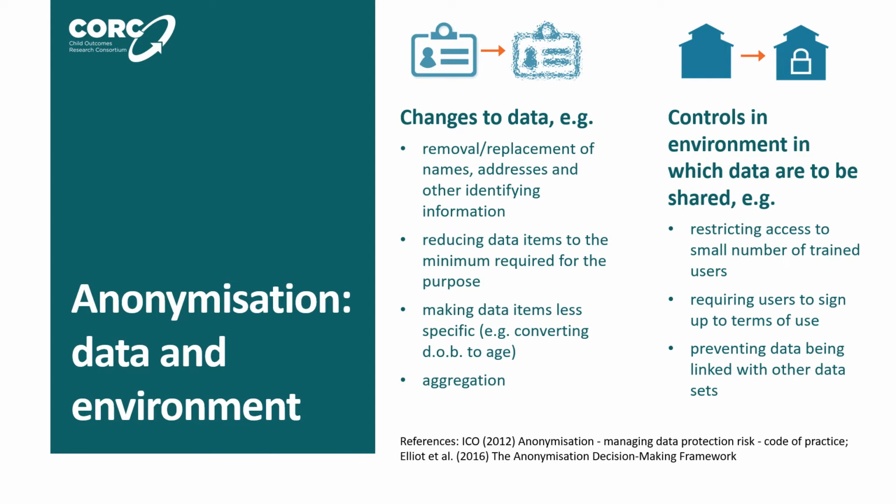In a scenario of sharing person-level data between organizations, it may be that controls to reduce the risk of indirect identification in the recipient organization's environment are sufficient to ensure that the data are non-personal data. Alternatively, in a scenario of publishing information from a project, the public environment will not have any controls to reduce the risk of indirect identification. Therefore, more substantial changes to the data would be required, including aggregation and presentation of results in a way that ensures individuals cannot be re-identified.